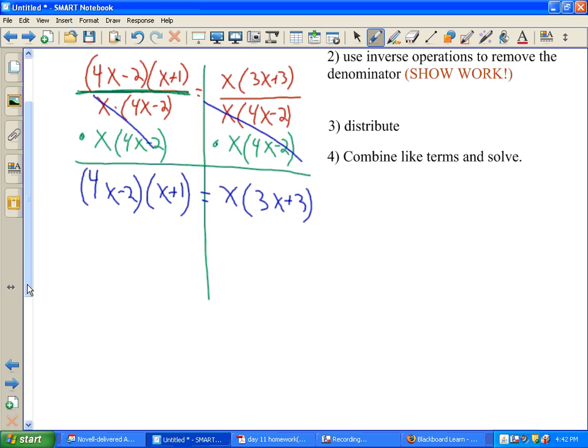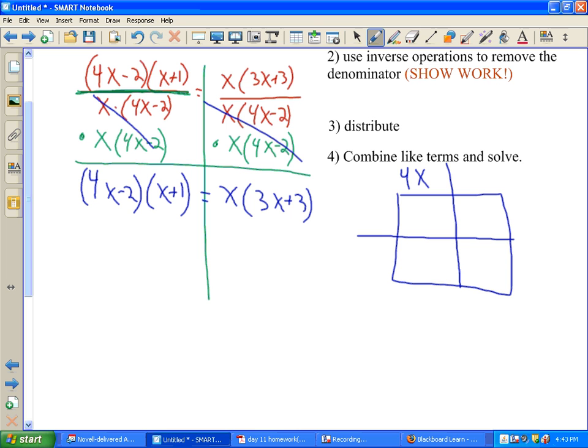Let's take a look at the left-hand side and try to find out how to distribute that. You can either do the distribution mentally, or you can use the box method. The box method says write one of them on the top and the other one vertically and do the multiplication. 4x times x goes in this location, and that is 4x squared.